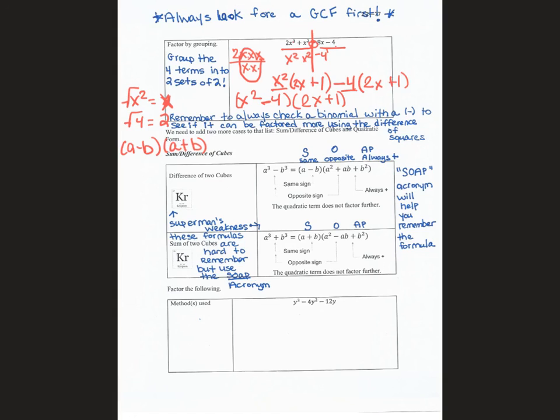So really, my final answer to this factor by grouping is, this is my a term, x, and 2 is my b term. So x minus 2 times x plus 2 times my leftover factor of 2x plus 1. Final answer.